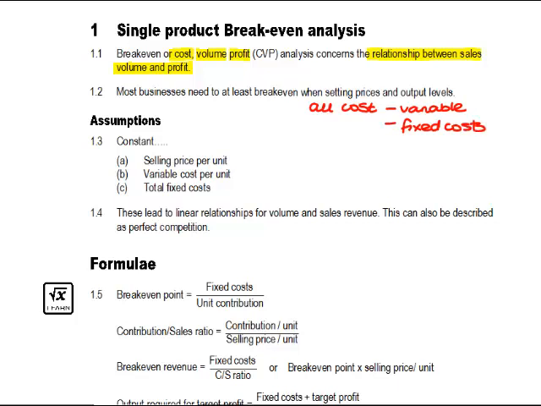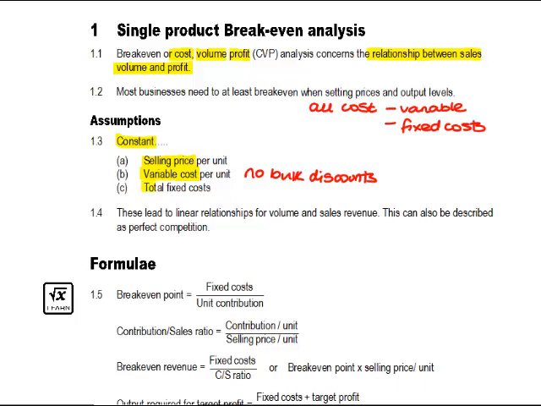Now, in break-even analysis, we make some assumptions, and these are firstly that the selling price per unit is going to be constant. In other words, it's not necessary to reduce selling price in order to sell more units. The second assumption is that the variable cost per unit is constant. So that means that there are no bulk purchase discounts and every single unit we buy is going to cost us exactly the same.